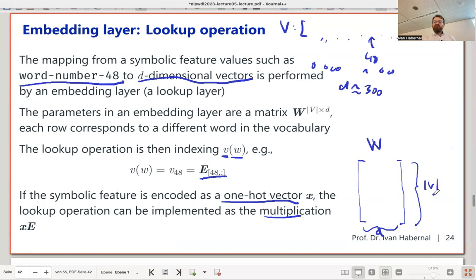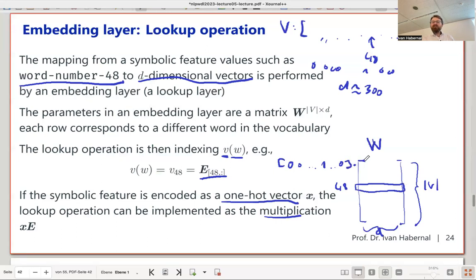Because this is the size of the vocabulary, each word, maybe at position 48, I can just look up, just take this row, and this is how I'm going to represent the word. Not as a one-hot vector, but as a row from this embedding matrix. We had it last time already, if you remember. We have this vector of 0, 0, 1, and 0.